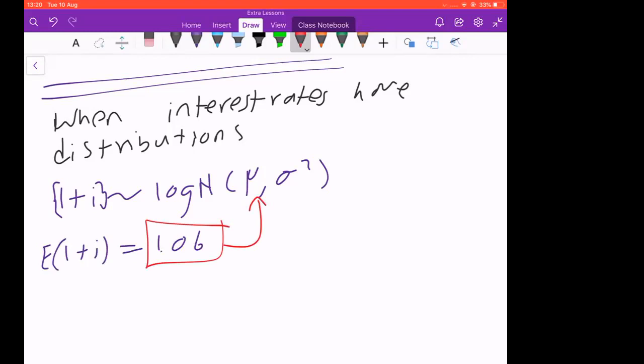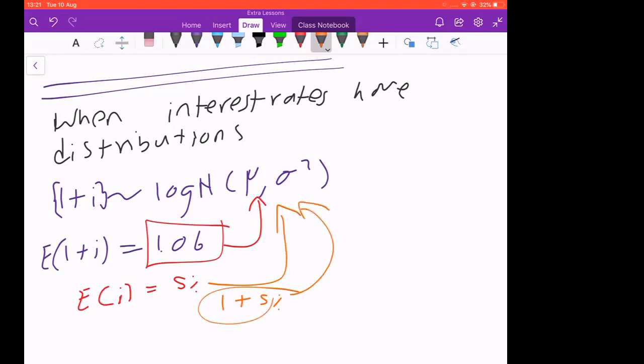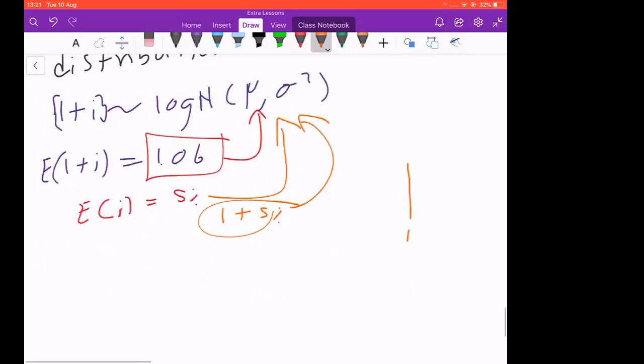Even if they tell you that I is going to be, let's just say 5%, don't put the 5% over there, or don't say that 1 plus 5% and then put it over there. You should not put it over there because your calculations will be wrong.